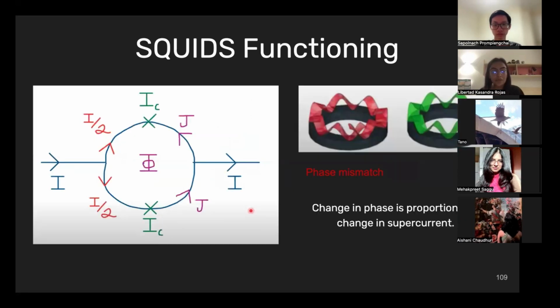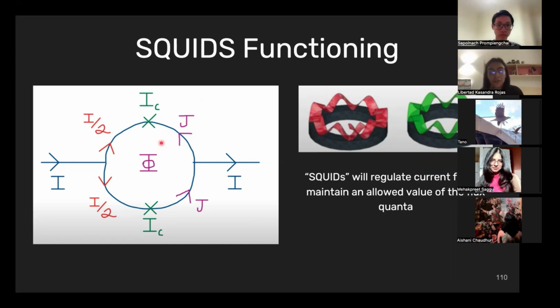Now recall that we do not want a phase mismatch. We want everything to be nicely in phase, since we have magnetic flux quantization. And recall that a change in phase is proportional to a change in the supercurrent. Because we have our Josephson junctions here, when there's a change in phase, such as one induced by this magnetic field, there's going to be a change in the supercurrent.